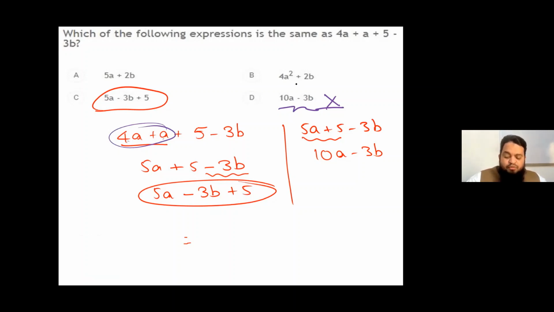So this answer is given in order to confuse you. 5 minus 3b, some students make this mistake: 5 minus 3, 2b. You cannot, because 5 and 3b are unlike terms. So we can add only like terms. So be careful and focus on the question. Read it twice before going for any international benchmarking test.